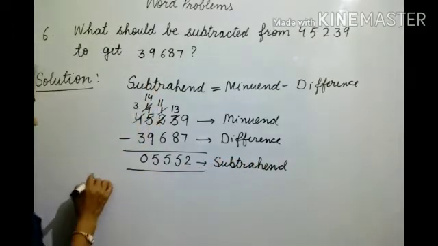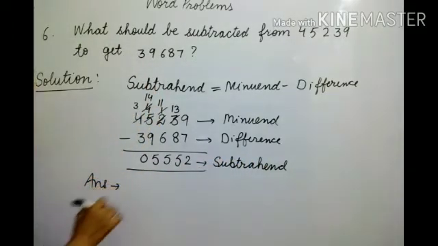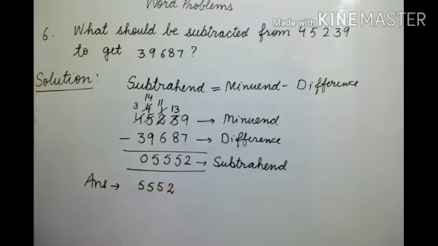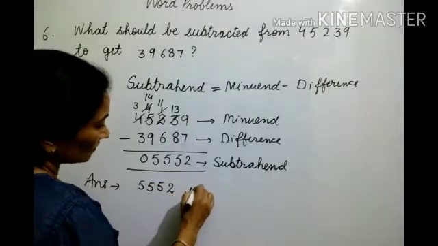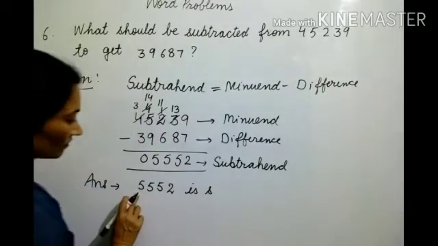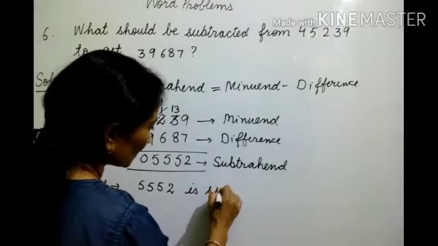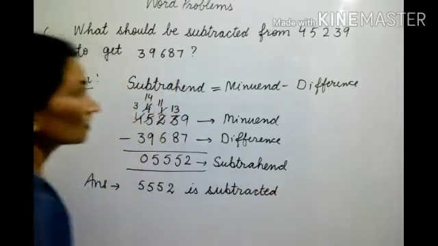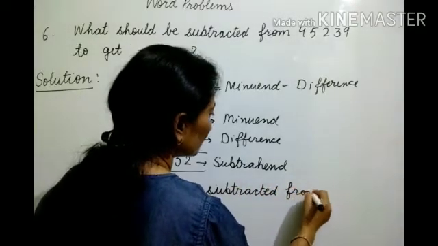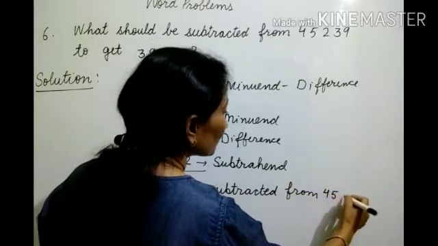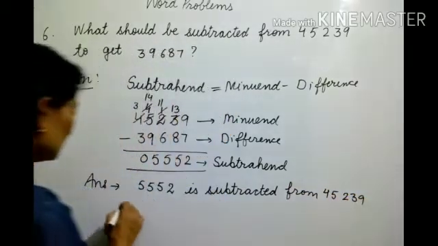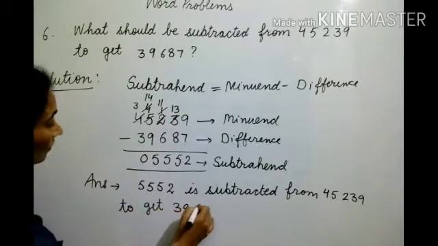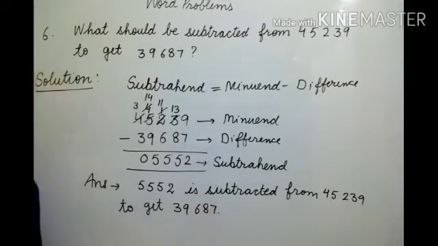So our answer is 5552 is subtracted from 45,239 to get 39,687.